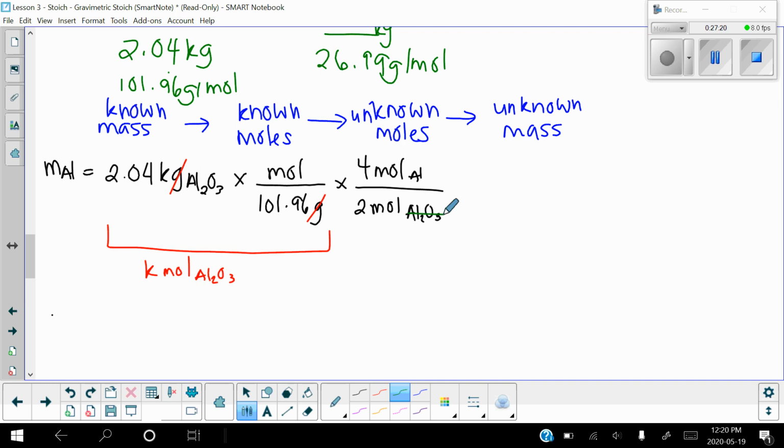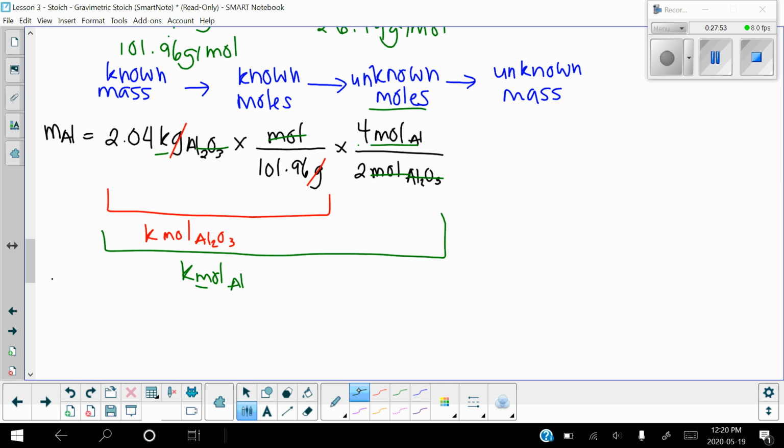Aluminum oxide cancels out, moles cancels out, mole cancels out, and I'm left with kilomoles of aluminum. So from here to here, I have kilomoles of aluminum. Now, it just says I have unknown moles here. Okay, that's fine. I have unknown moles found. They're just in a different unit. Like I said, the units could be kilograms, kilomoles, millimoles, doesn't matter.